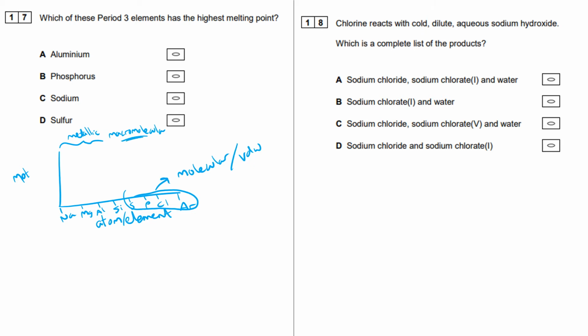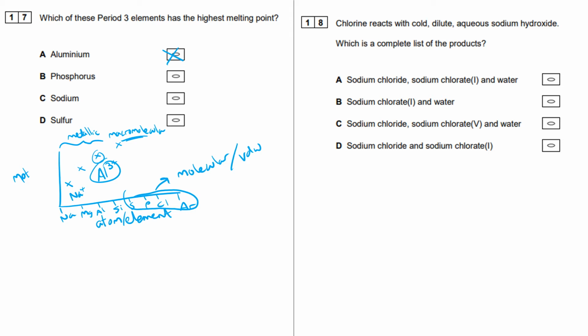Covalent bonds require more energy to break than metallic bonds, so silicon is the highest melting point in period 3, but that's not one of the answers. So which one of the metals? It would be aluminium, due to the fact it's got a higher charge density, a greater charge and a smaller ionic radius than the sodium ions. So aluminium would have the highest out of these options here.